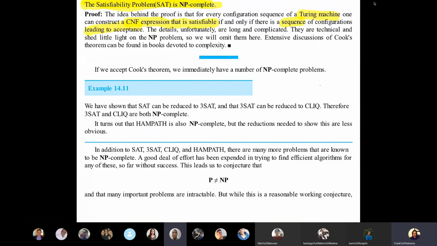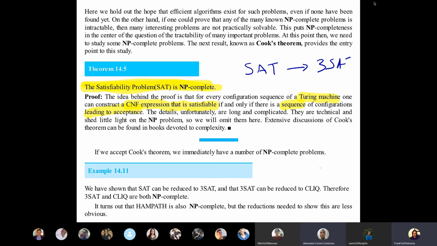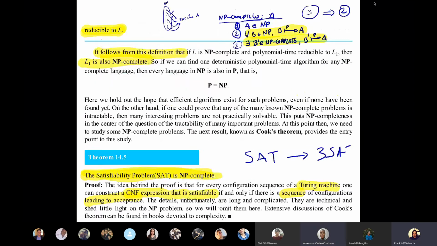So Teacher, I didn't get it. What are the NP complete problems at the end? At the end, an NP complete problem is any problem that satisfies these two conditions. Okay?